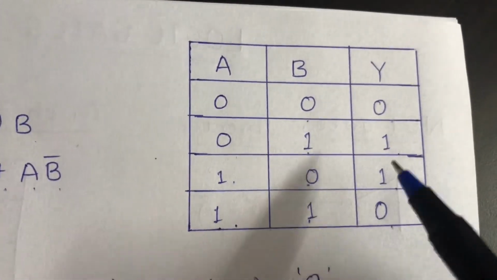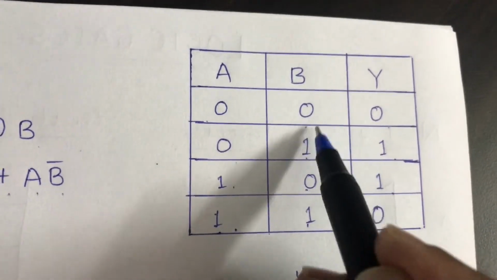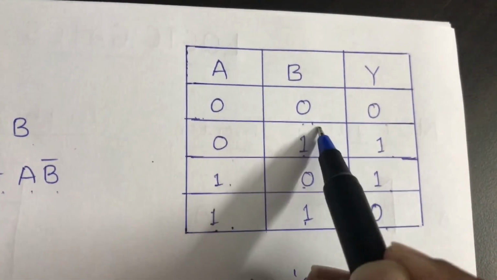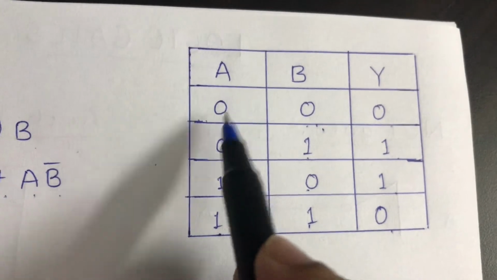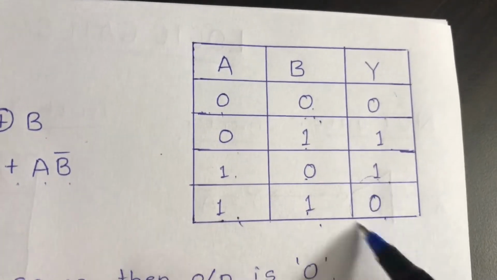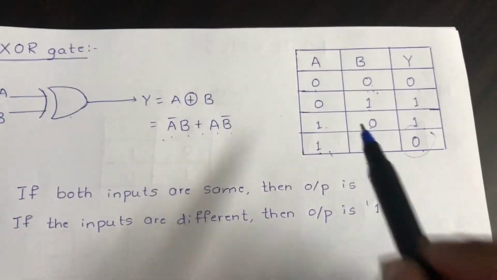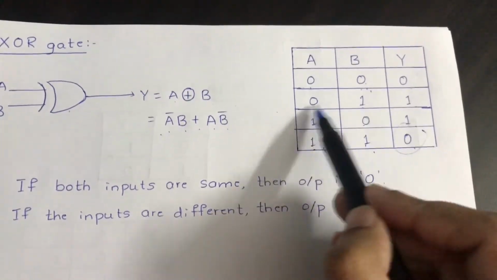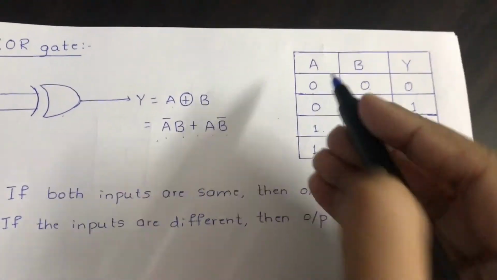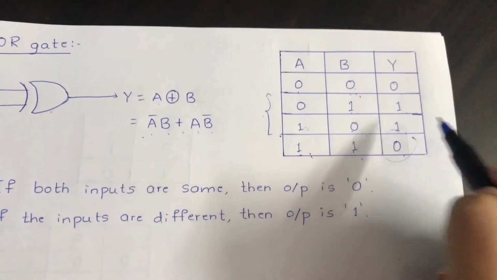Here we can observe one thing, that if both the inputs are the same, like 0, 0 and 1, 1, then the output will be 0. And if the inputs are different, like 0, 1 and 1, 0, the output is 1.